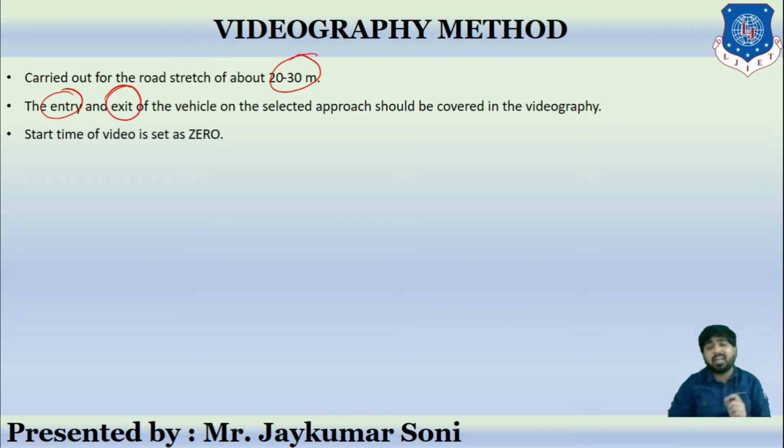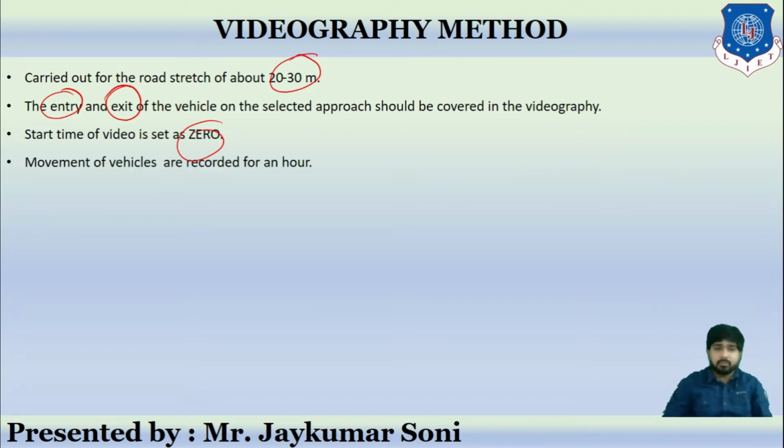Then the start time of the video is set as 0 so that we can know the actual time, how many vehicles are crossing at the entry point or at the exit point.